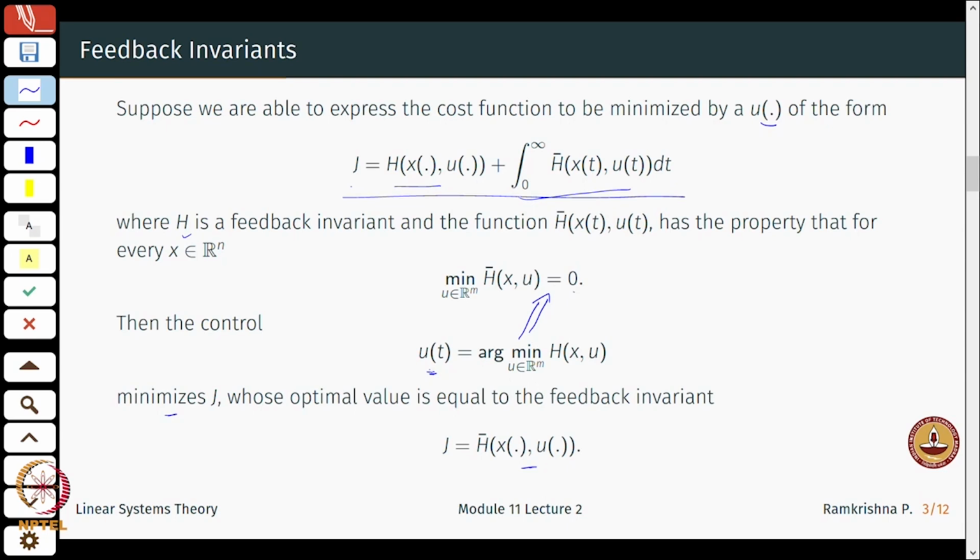In that case, the control u of t, which is the argmin, the u that minimizes this to 0, also minimizes J, whose optimal value is equal to the feedback invariant. We will revisit this statement once we derive what this means.